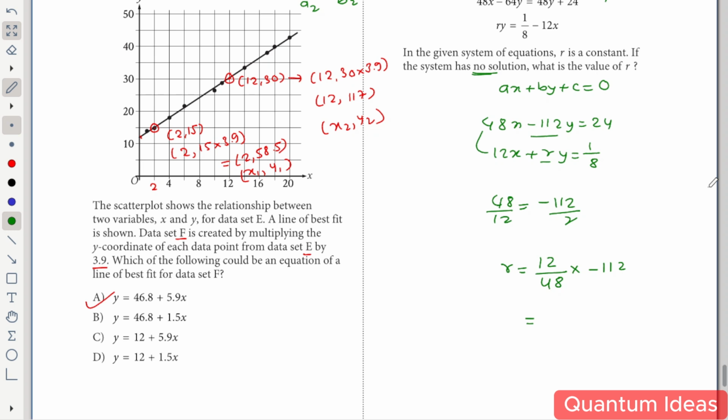Let me see, 12 over 48 times 112, I may be making some mistake. Divided by 48, this is 28. So minus 28 is your final answer.